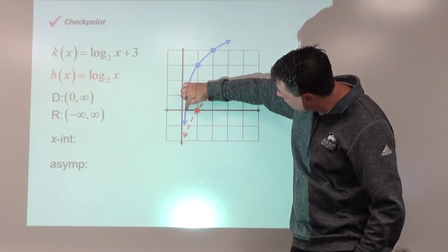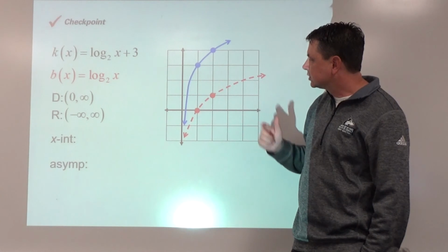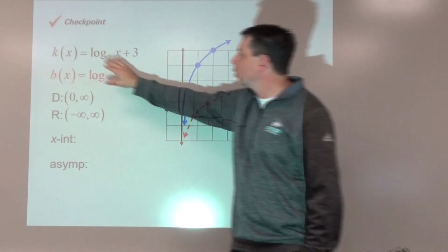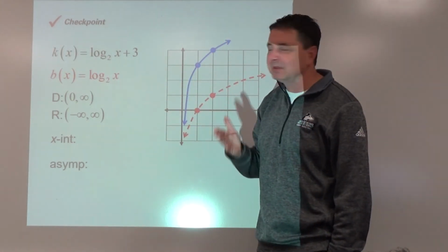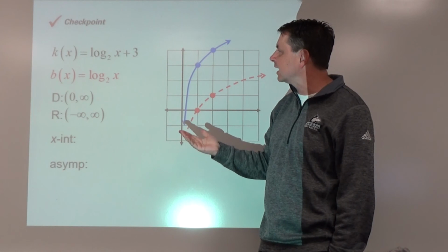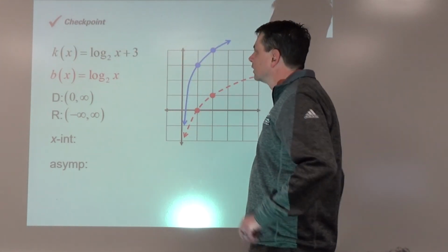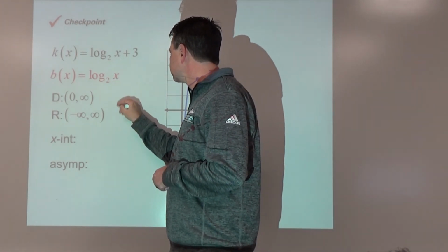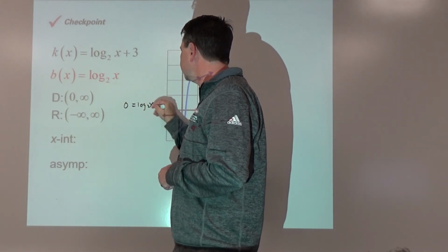X-intercept is going to be tricky. I think we want to think of this in terms of an equation. So we know that for the x-intercept, the y-coordinate, k of x, would be 0. So if we think about solving this equation for x, we start here: 0 equals log base 2 of x plus 3.